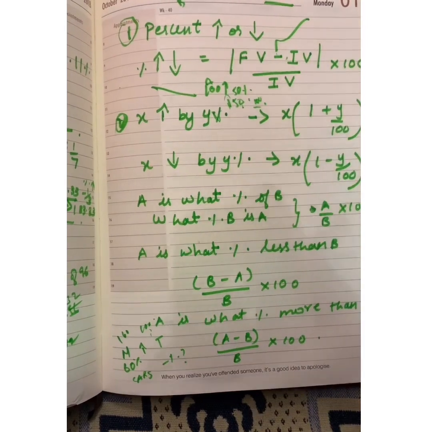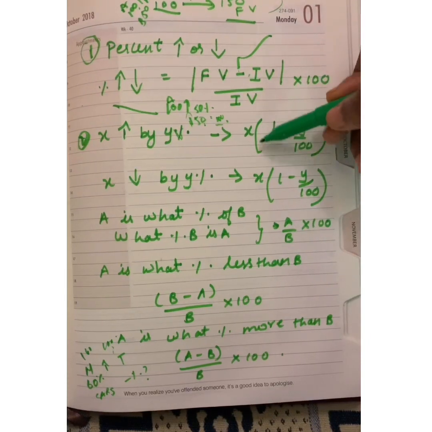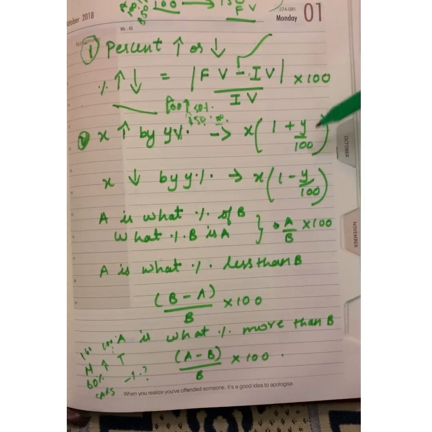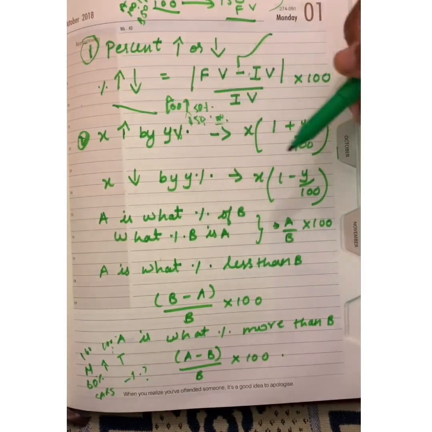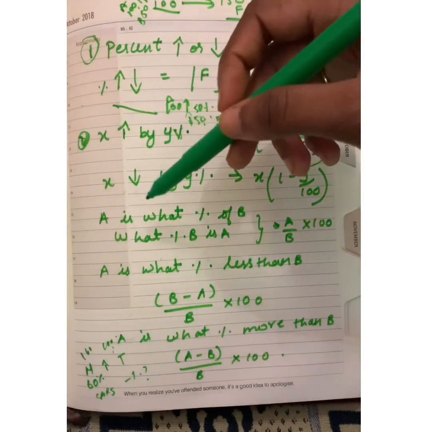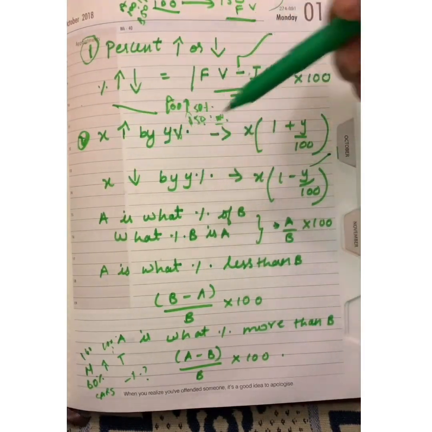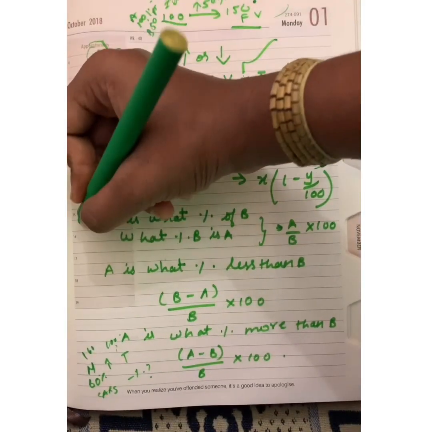So when you know the values of x and y, you can straight away substitute in this formula, which is x into 1 plus y by 100. When you are asked a question, x increases by y%, you have to use this type of formula. Similar thing, x decreases by y%, the sign changes, x into 1 minus y by 100. It's a simple thing when you know the formula.